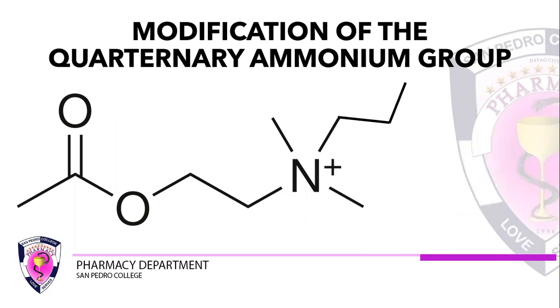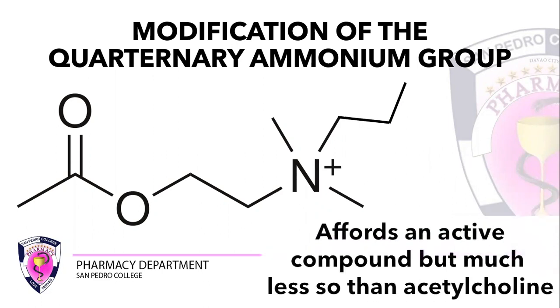Another, when only one methyl group is changed into a straight branch of 3 carbons, it affords an active compound but much less so than acetylcholine. So it is not that efficient. This modification is rejected.